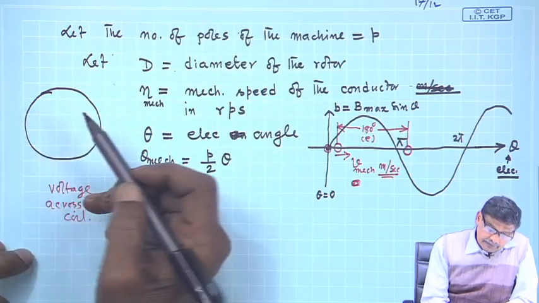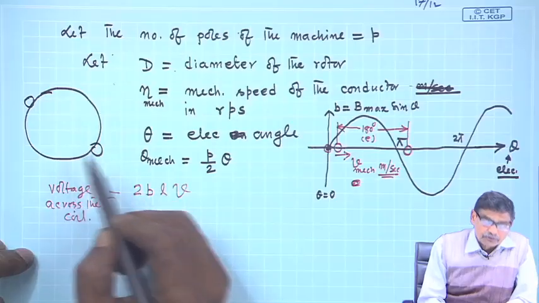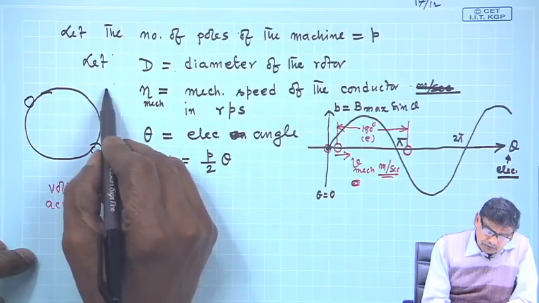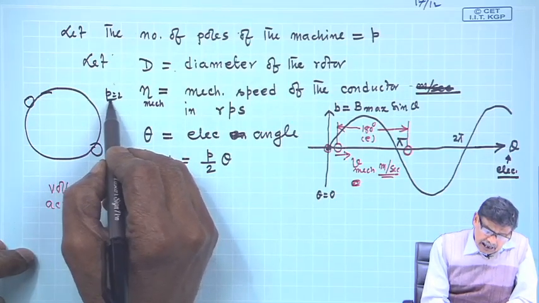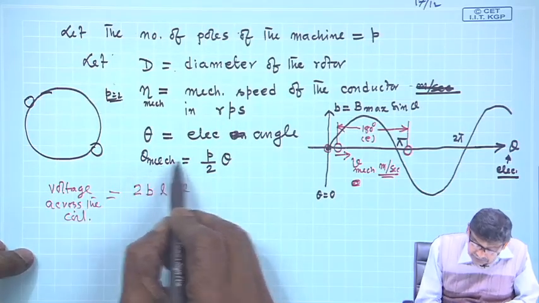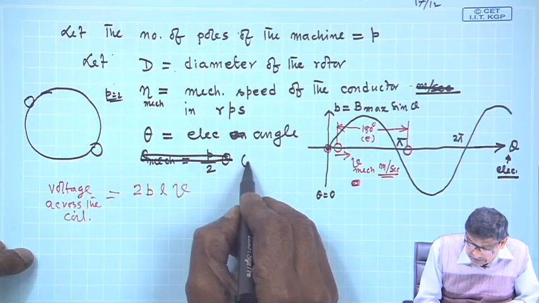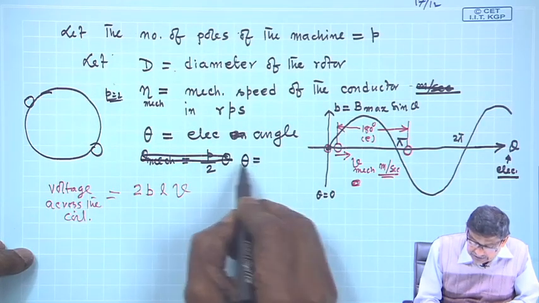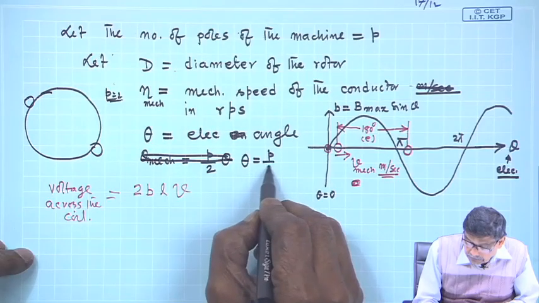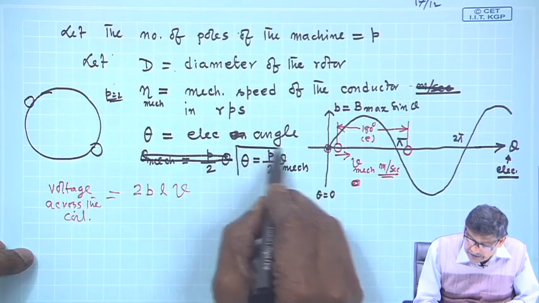So, if you take a two pole structure, it should be diametrically opposite, that is all for two pole. Anyway, but here there was some mistake. You should be very clear, theta electrical angle should be P by 2 theta mechanical, that is very important.